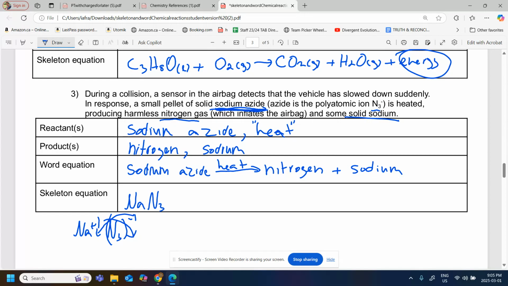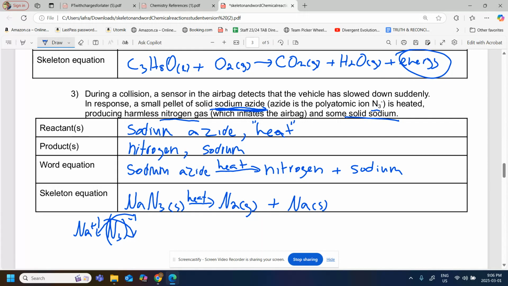They'd have ones, and then you can just drop them. And so it says that it's a small pellet of solid sodium azide. I'll put heat back here. And it says that nitrogen gas is made, so that's one of our Hofbrinkels, right? N2 gas plus solid sodium, Na solid.